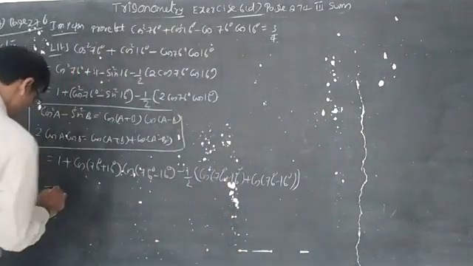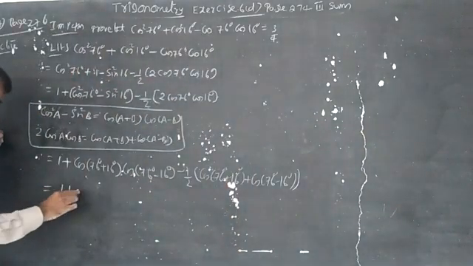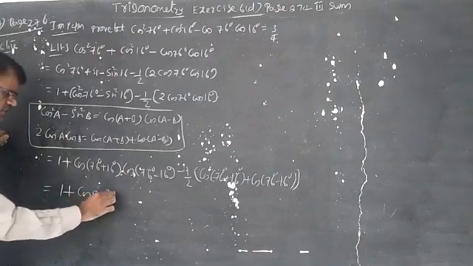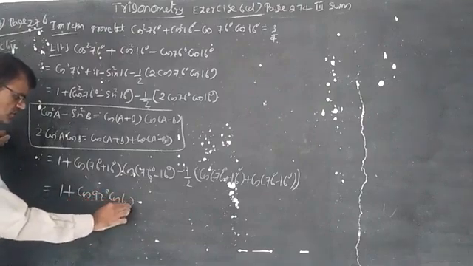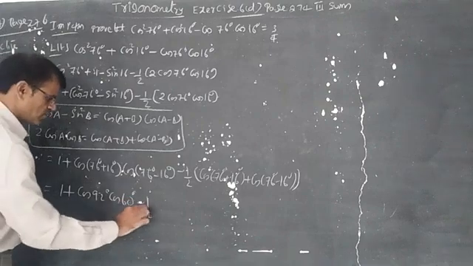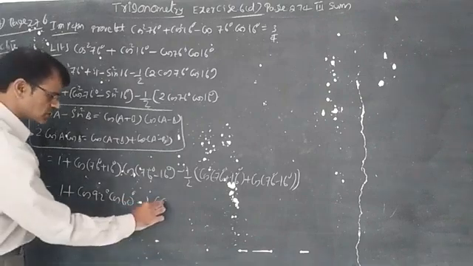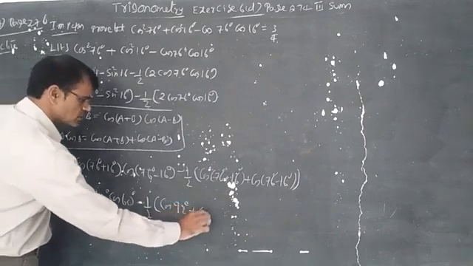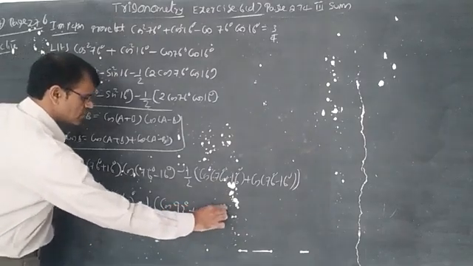That is equal to 1 plus cos 92 degrees into cos 60 degrees, minus 1 by 2 into cos 92 degrees plus cos 60 degrees.